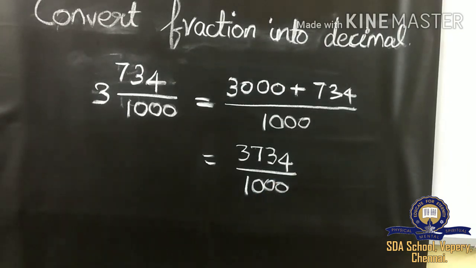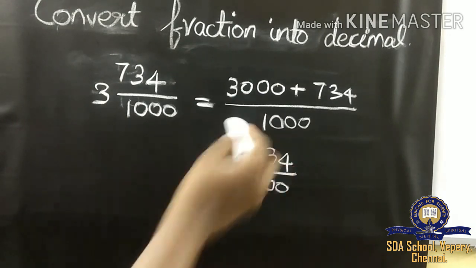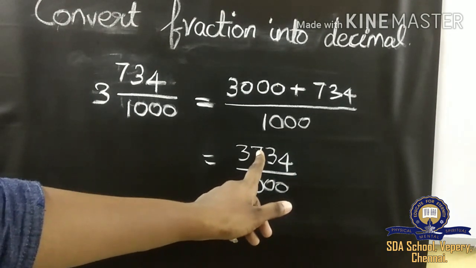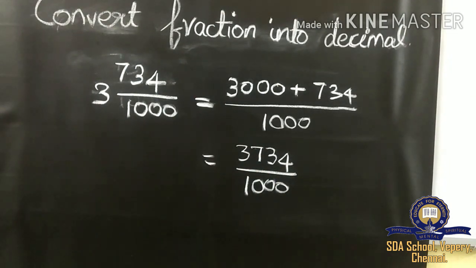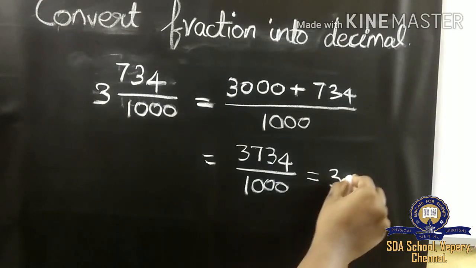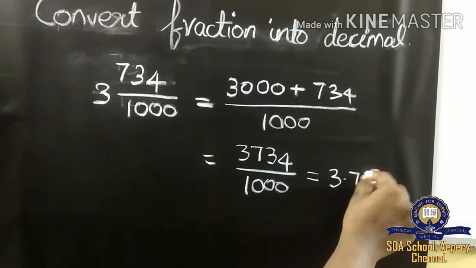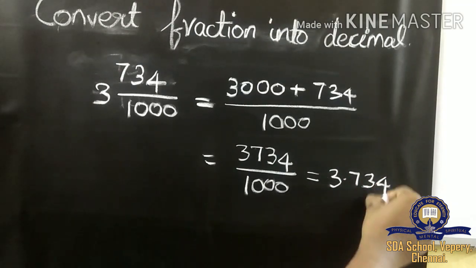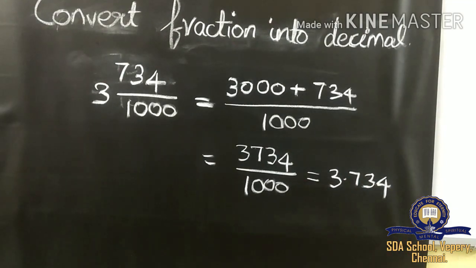Here you can see that in the denominator there are 3 zeros, right? So we should put the point from the right side before 3 numbers. 1, 2, 3. So here we are going to put the point between 3 and 7. So it is 3.734. Here we just converted this mixed fraction into a decimal.